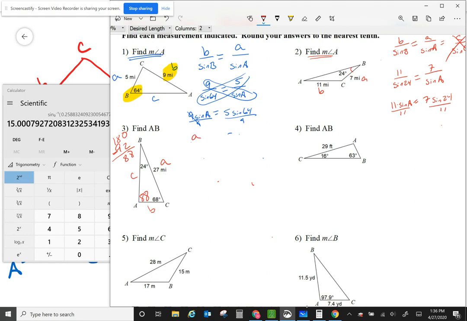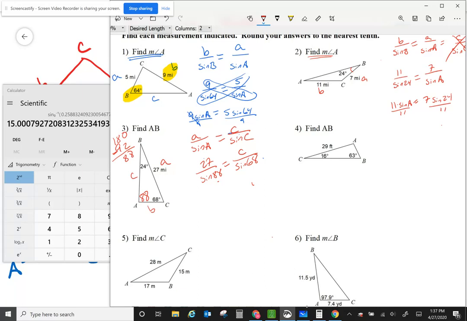Now remember that A over sine of A, that's one of my fractions, equals... I'm solving for side AB, but notice how side AB, I call it C. I know C over sine of C. So I have that 27 over sine of 88 is equal to side C over sine of 68.